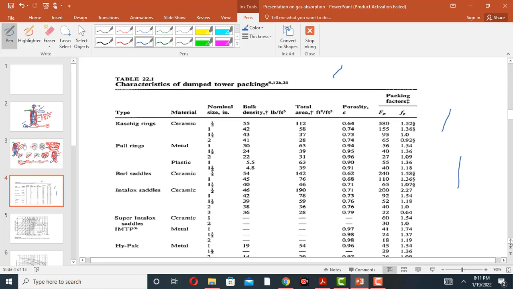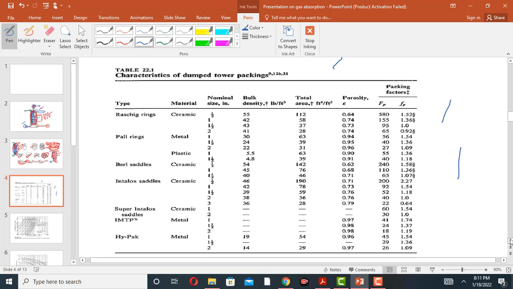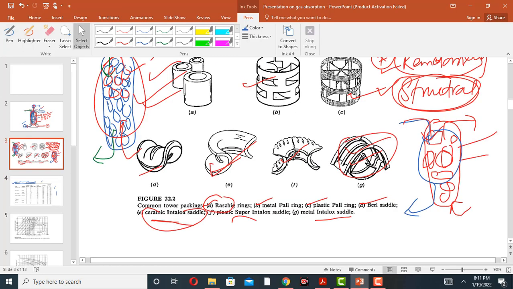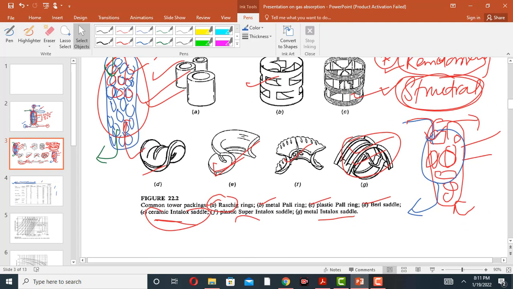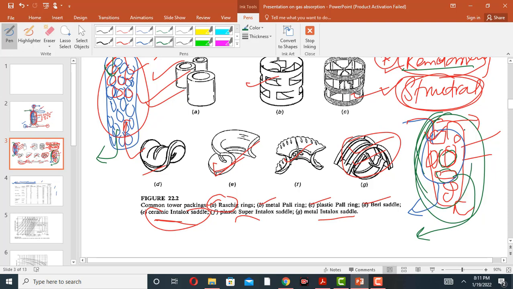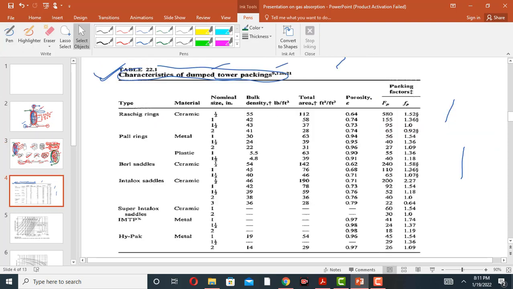These characteristics are for the random packed tower, for a tower which is randomly packed. The characteristics of the packing material in this random packing tower will be given in this table.